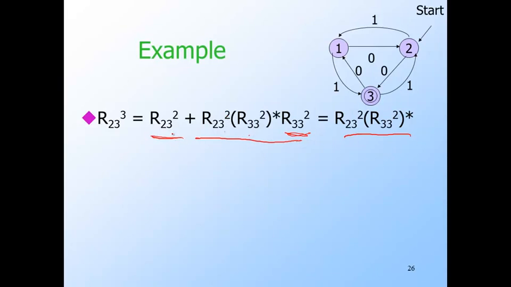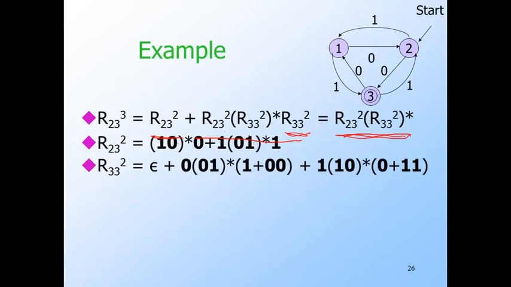So together you have R23 super 2 concatenated with 0 or more E's, and that's what this expression is saying. Again, remember E is R33 super 2. Okay, so we figured out what R23 super 2 is. We did that earlier, so let's just use it here.